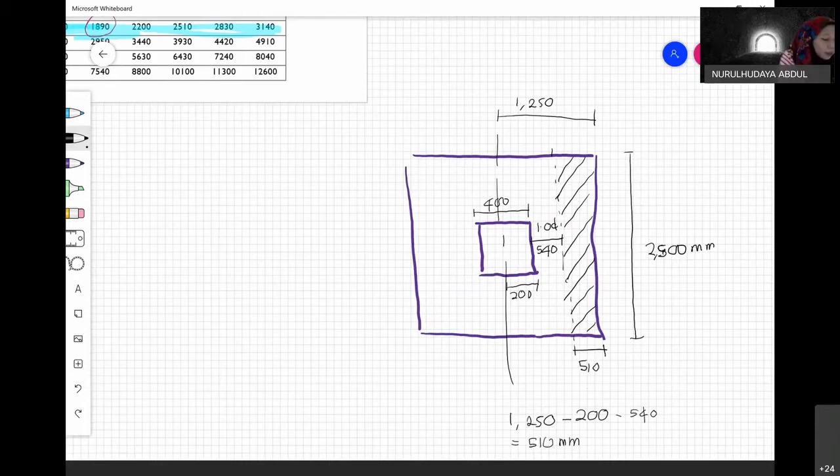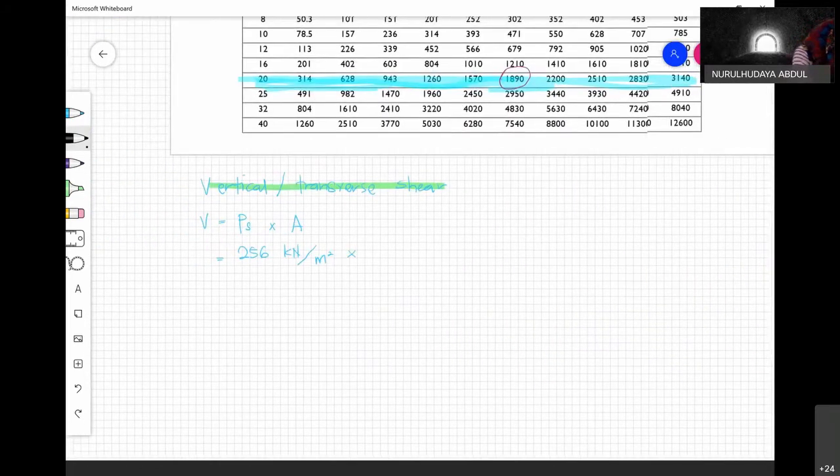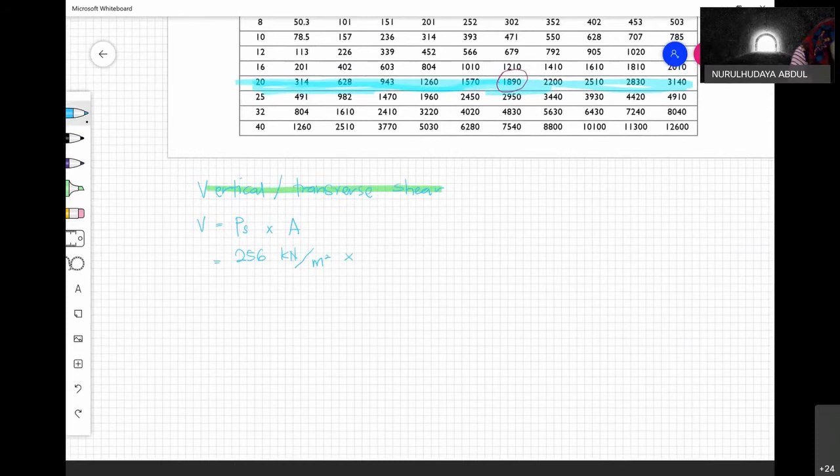Our area is actually 2.5 meter times 0.51, because in meters it is 0.51 meter. This is 2.5 meter. So I write here 2.5 meter times 0.51 meter.